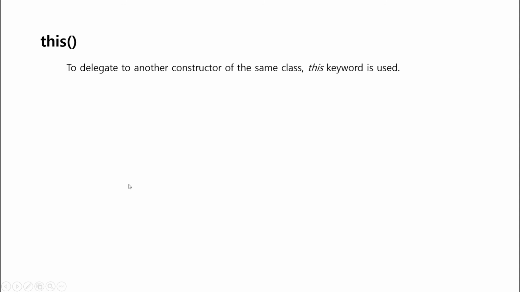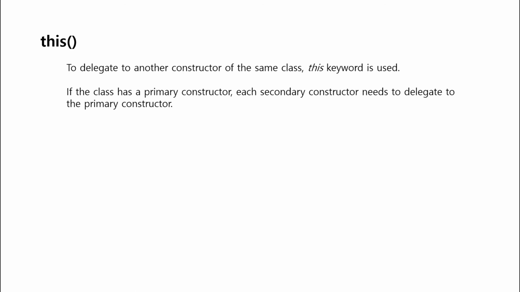When we call another constructor in the same class from a secondary constructor, we can use the this keyword. In Kotlin, if we have a primary constructor and secondary constructors together, each secondary constructor should delegate to the primary constructor. In that case, we use the this keyword.